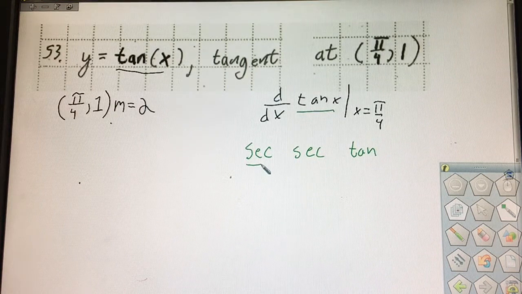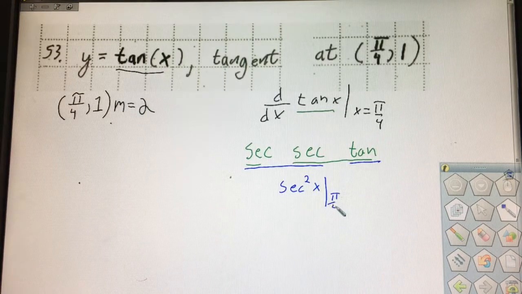The derivative of secant is secant tan, and the derivative of tangent is secant secant. So the derivative of tangent is secant squared x evaluated at pi over 4.